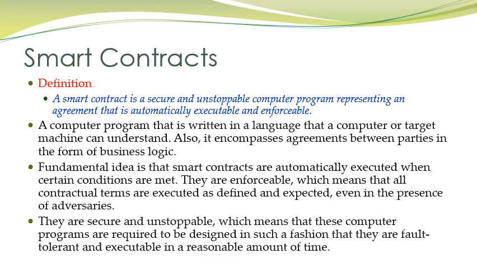So smart contract programs are secure and unstoppable, which means that these computer programs are required to be designed in such a fashion that they are fault tolerant and executable in a reasonable amount of time. This program cannot be stopped.